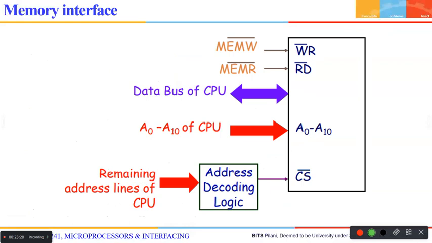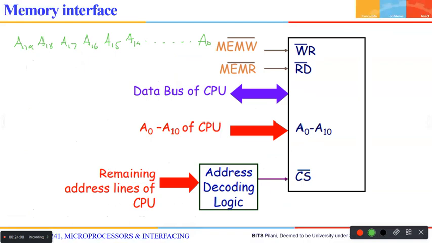You can see how we are going to design the decoder logic for this. Listen carefully, it's very important. Your microprocessor, the 8088, has address lines A19 to A0.